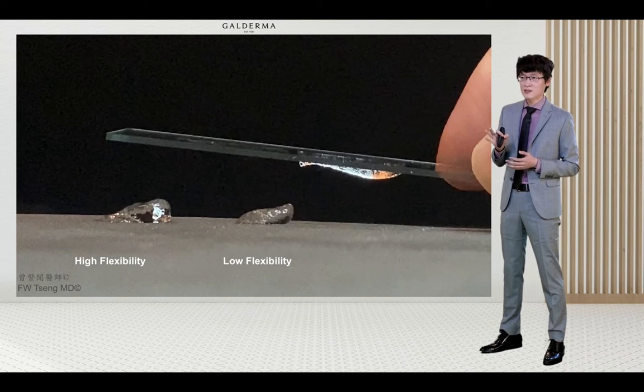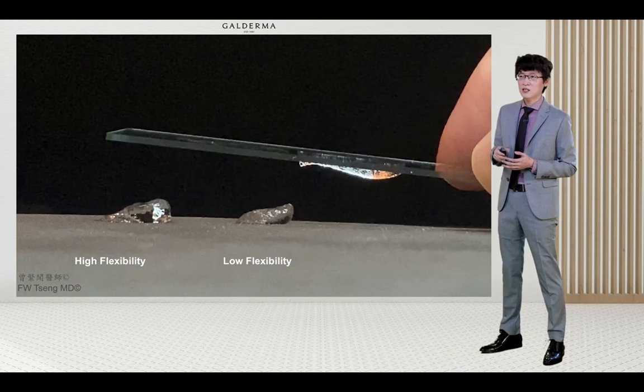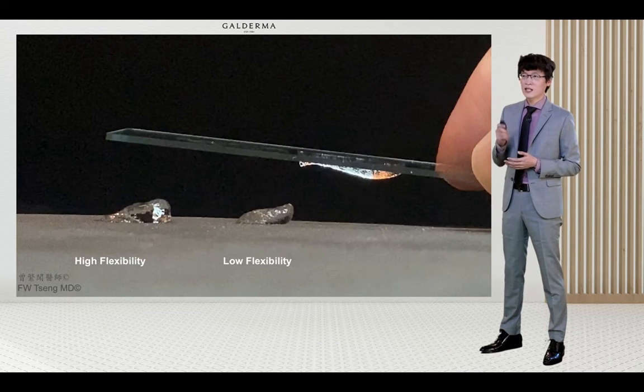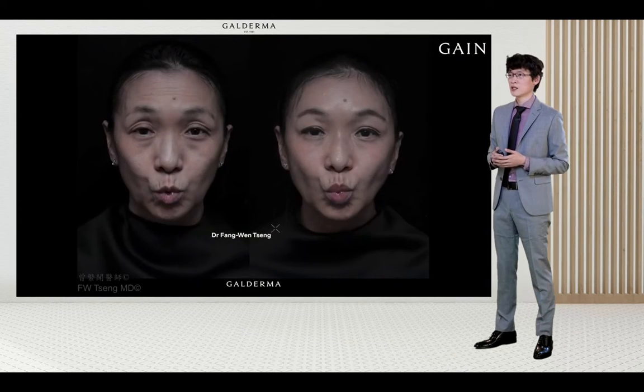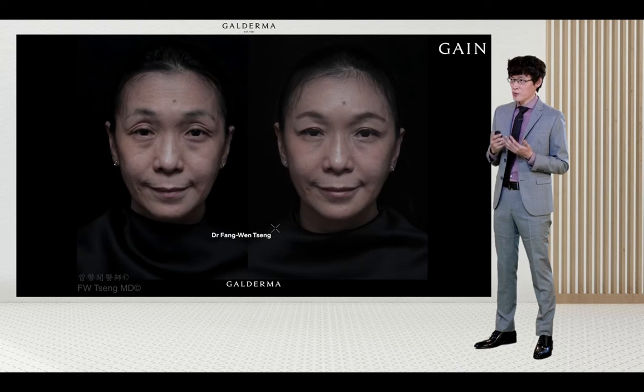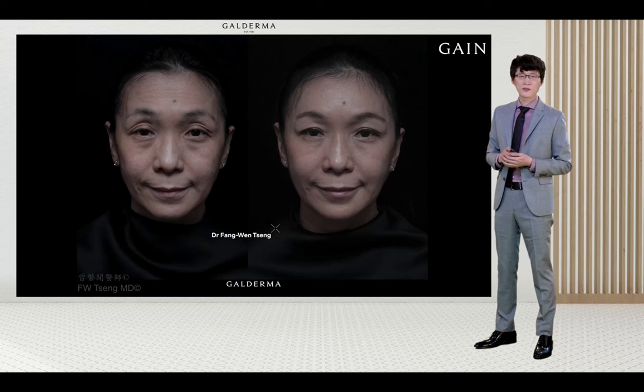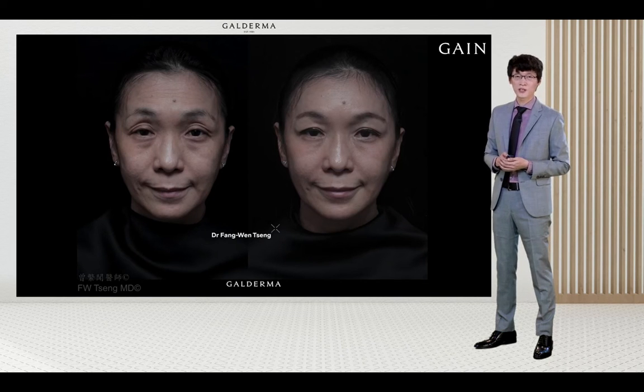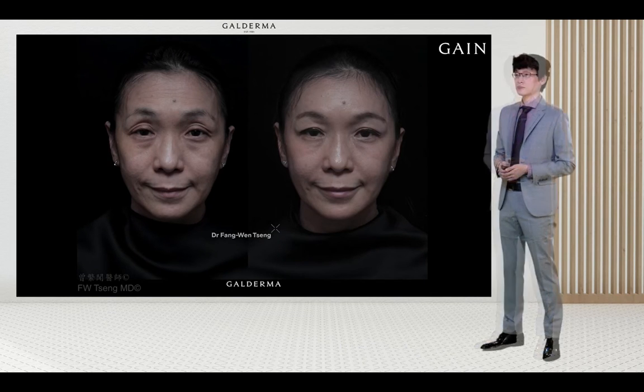So that is the benefit of using a more flexible product in more mobile regions. So she can kiss and she can smile with natural facial expressions, and it is more likely that we can maintain a smooth and stable result. That is the benefit of using the flexible OPT gels in the perioral region.